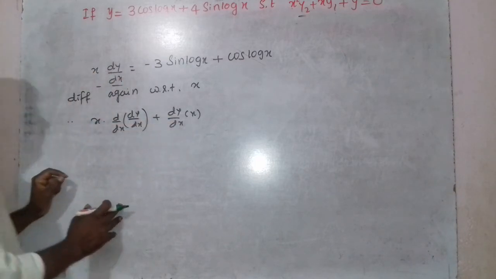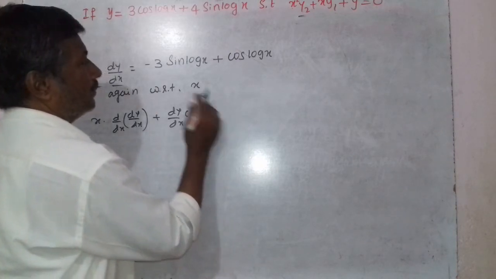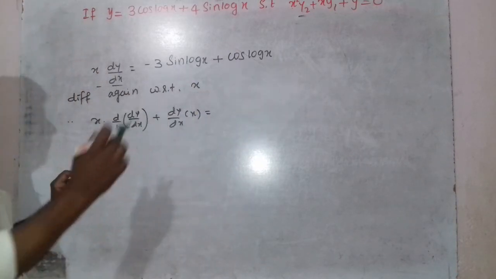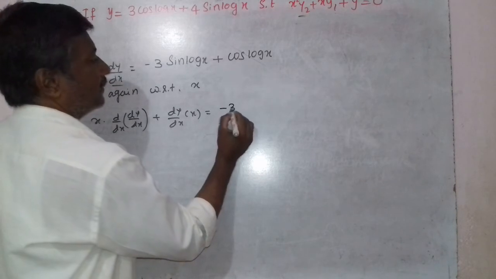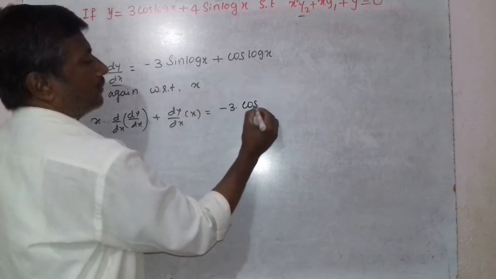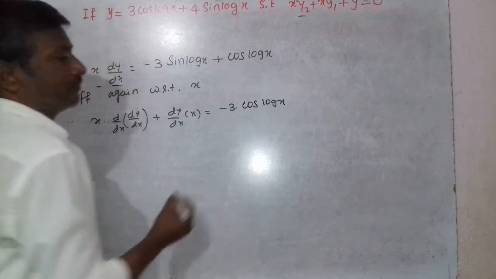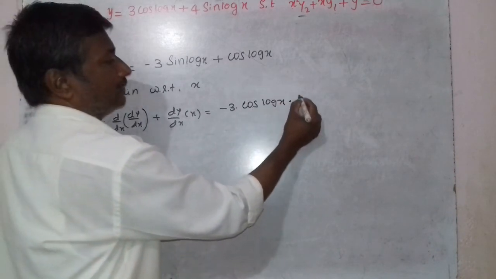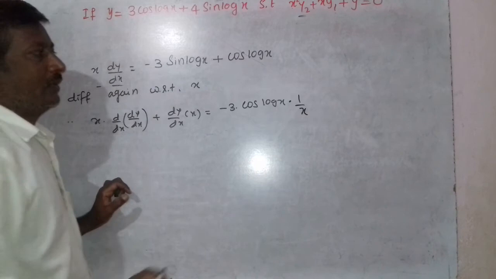This equal to, so I will put direct step here, minus 3 derivative of sin is cos log x, derivative of log x is 1 by x.